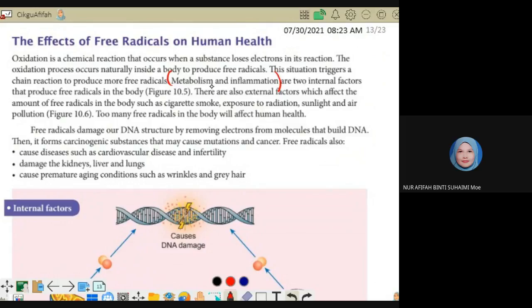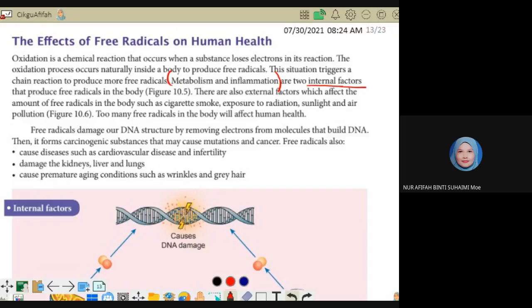Metabolism and inflammation, two types of reaction that produce free radicals through oxidation process. Other than that, metabolism and inflammation ni we call as internal factor lah, sebab dia berlaku dalam kita punya badan, inside our body.